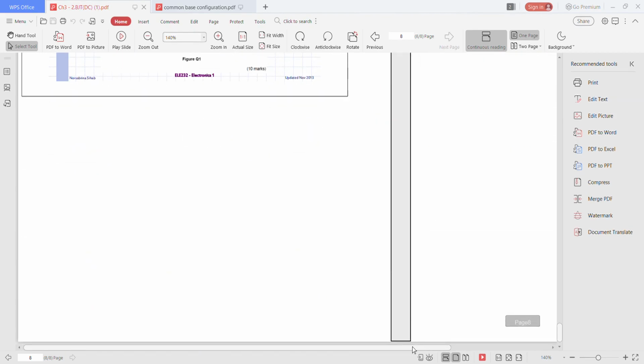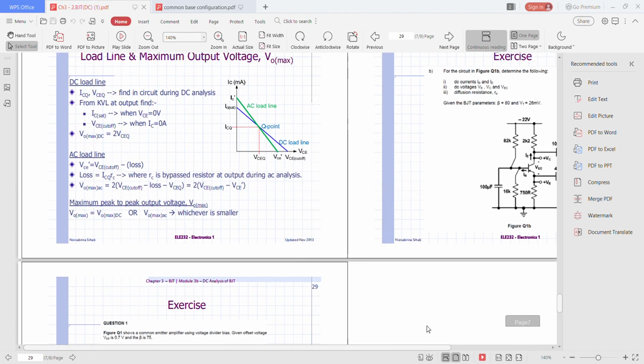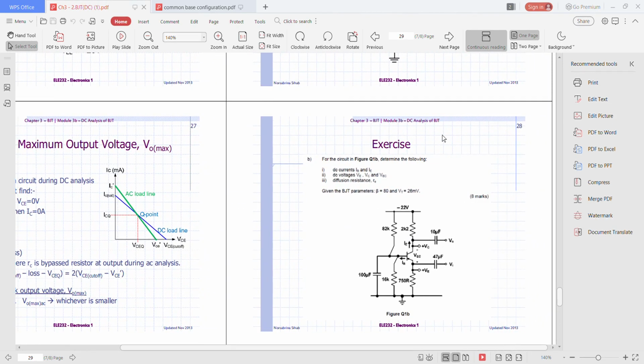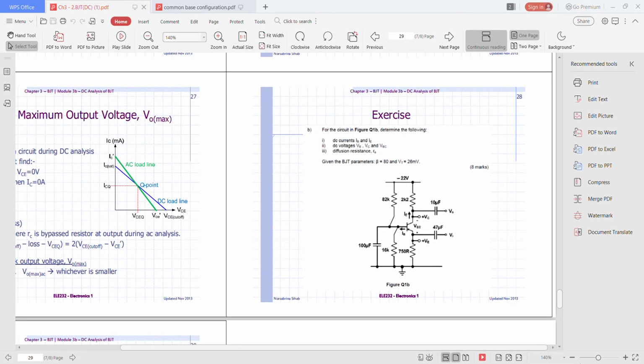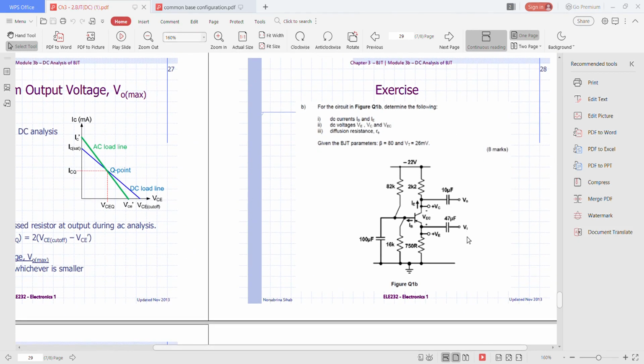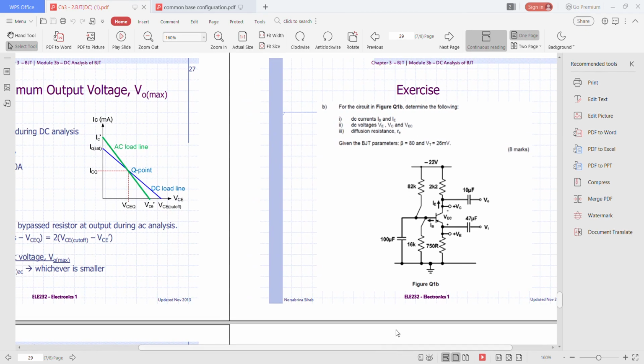So I guess that is all for today's lecture. This is the exercise that you guys can do in order to improve your analysis. So you can try to do this exercise. This is a voltage divider circuit.